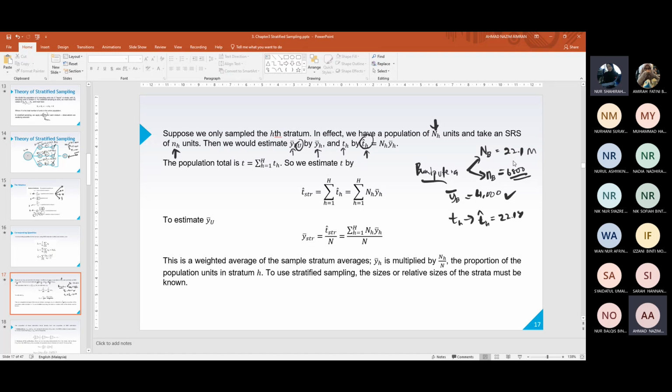That is the mean salary of the Bumiputra, times 4,000. So what is the total population of salary of Bumiputra?